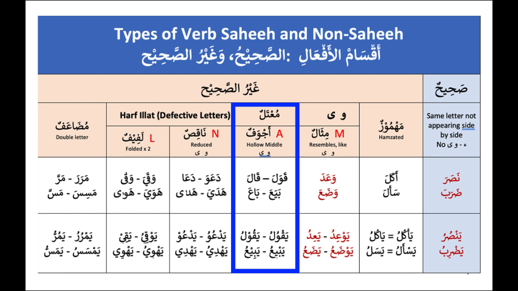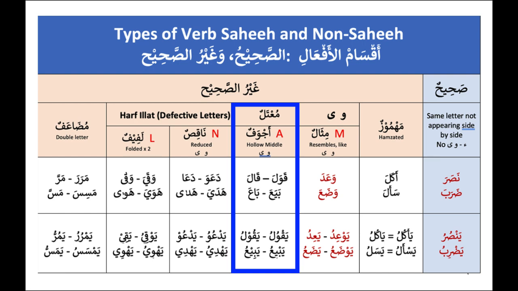Similarly, ba, ya, ain. These three mad letters make the original verb baya'a. From qawala, the original mudariyo format was yaqwulu. Then through tabdil process, it has become yaqulu. The original baya'a, its mudariyo is yab'yu.